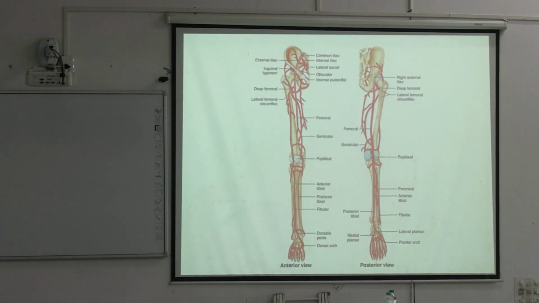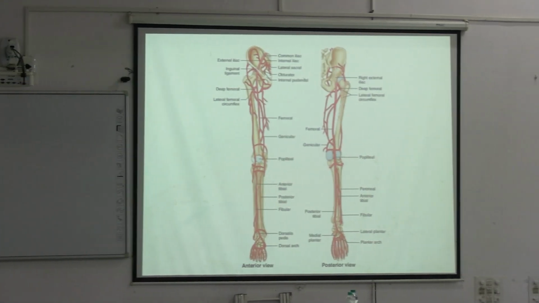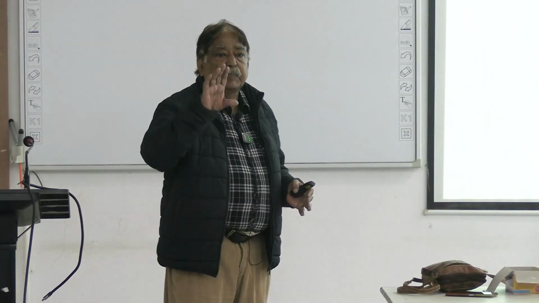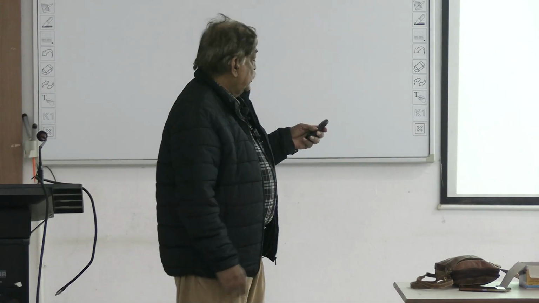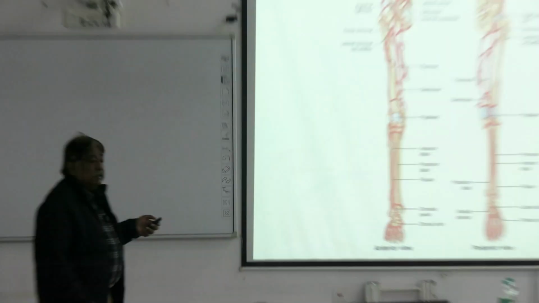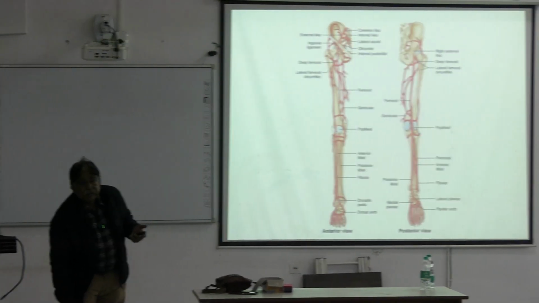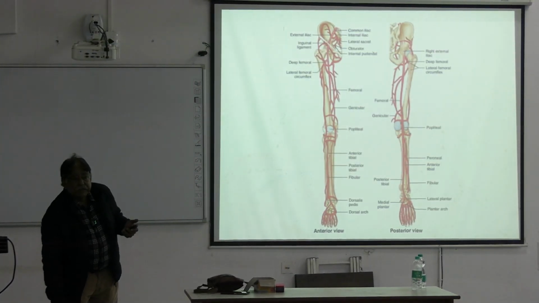Keep this in your head, then everything will come easy. Why I'm saying it will come easy is that these specific places, the femoral triangle, the popliteal space, the anterior and posterior division of the tibial.